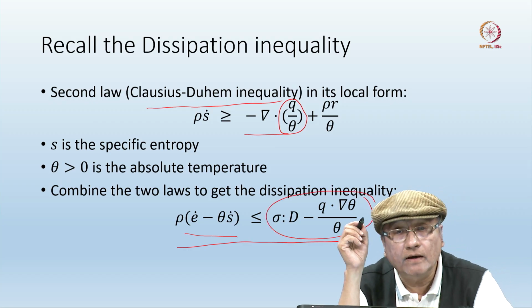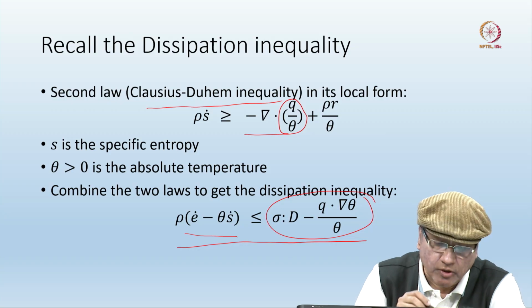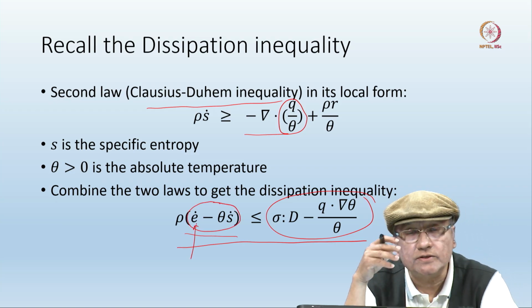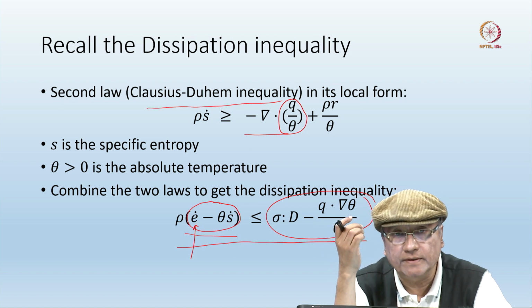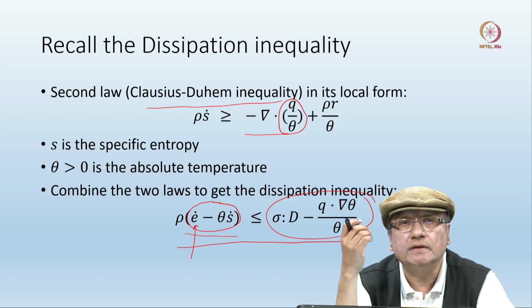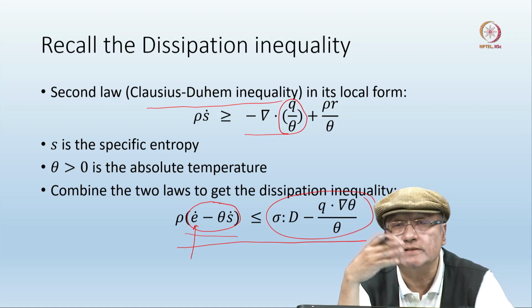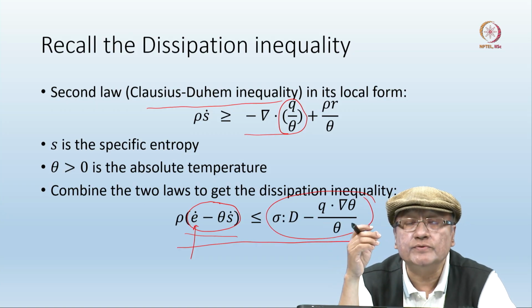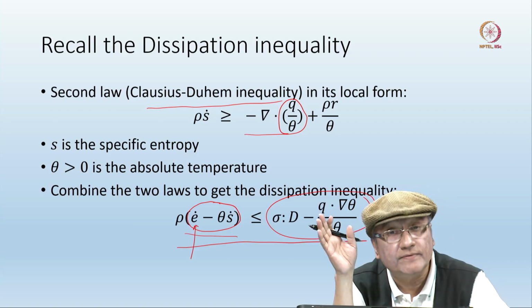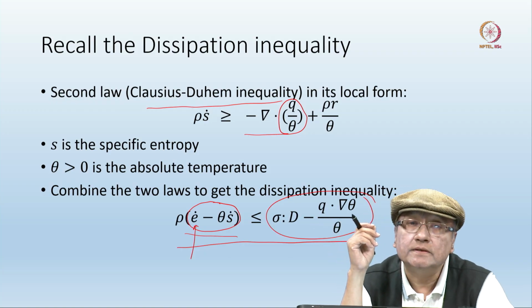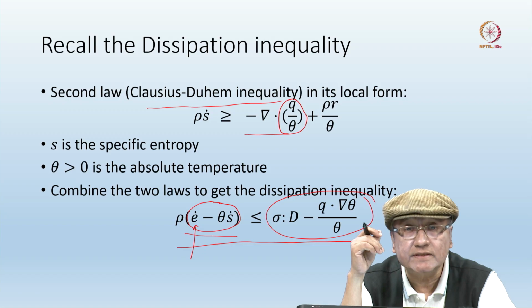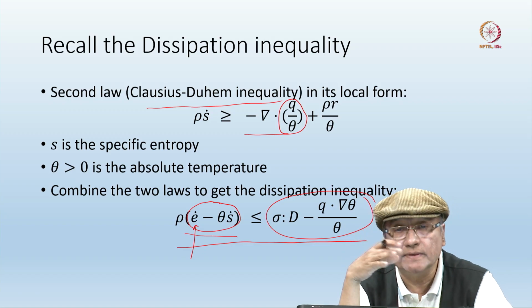Now at this stage, recall how this free energy comes up. It comes up through this term, because the internal energy contains all sorts of energetic terms, including the terms that come as part of the elasticity, which is entirely reversible, and the terms due to the heat flux, etc., and the terms which are entirely irreversible, like the plastic strain rate, etc. So it is not really a very good way of separating the reversible and irreversible things.